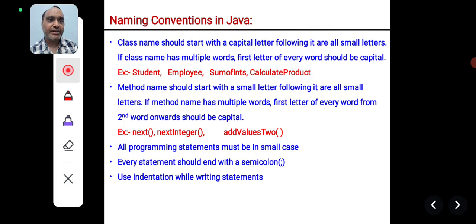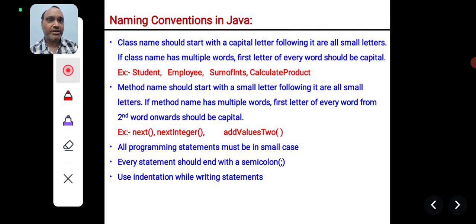In Sum, S must be capital, in Of, O must be capital, and in Ints, I must be capital. Another name, suppose you are assigning a class name as CalculateProduct. In CalculateProduct, you have two words: one word is Calculate and another word is Product.